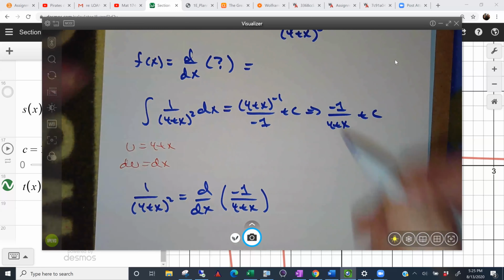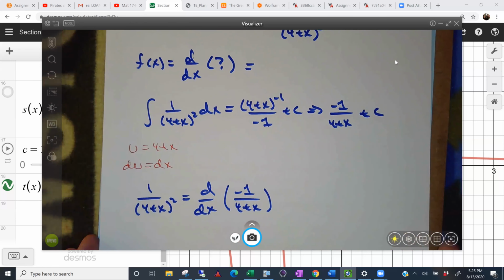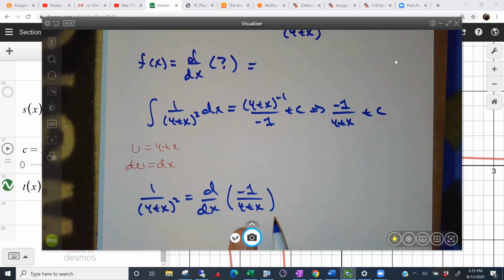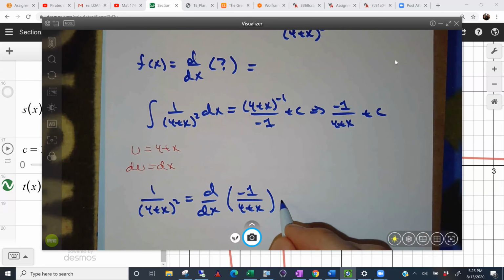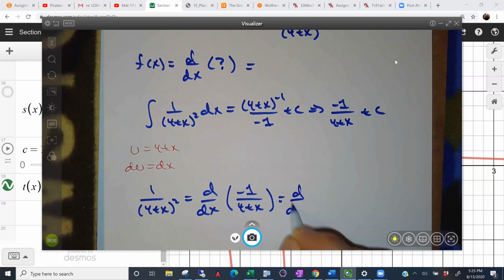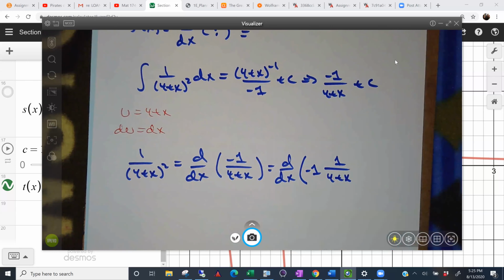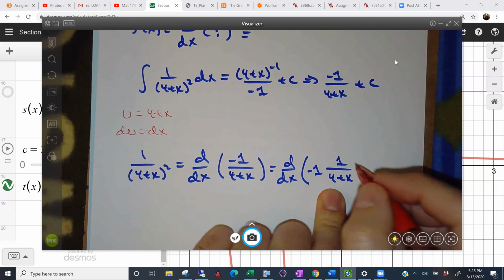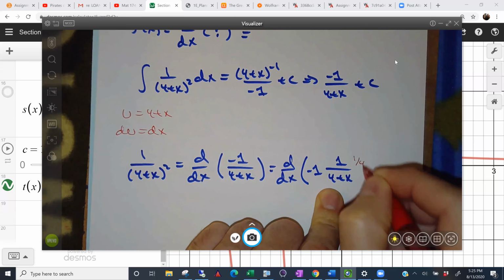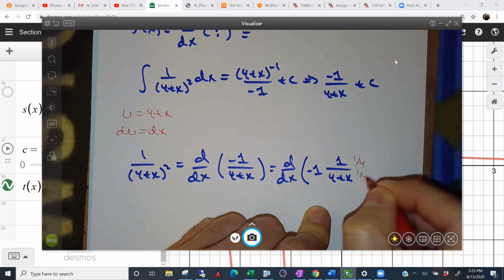I filled in a lot of detail here for you, but let's work with this. This is not too far away from a series that we know and love, d by dx of negative 1 times 1 over 4 plus x. You might look at this and say, all right, I know where you're going, we need a 1 here. So I'll multiply by 1/4 over 1/4.